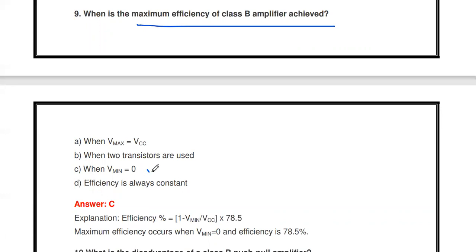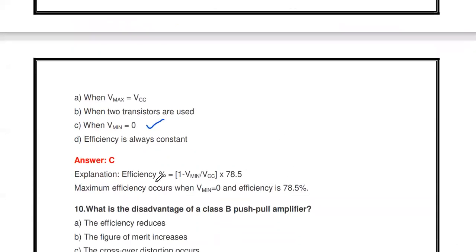So whenever the Vmin value reaches 0, we will get the maximum efficiency of 78.5%. Okay, so you see the efficiency formula is 1 minus Vmin divided by Vcc into 78.5. So whenever the Vmin value is 0, we will get the maximum efficiency, 78.5%, in class B.